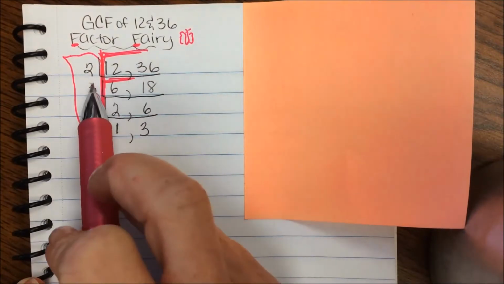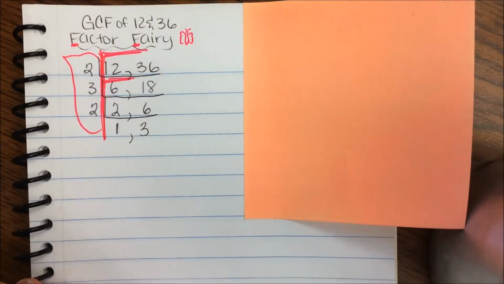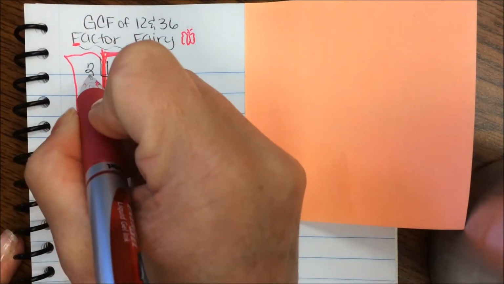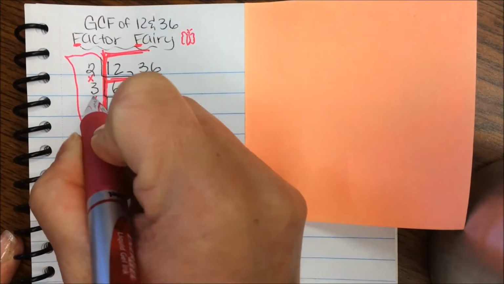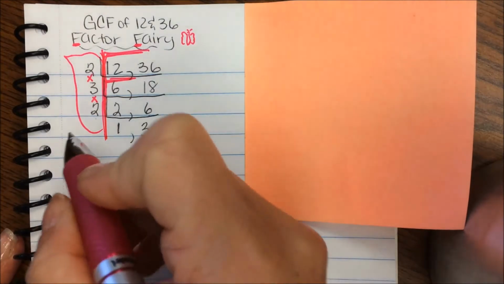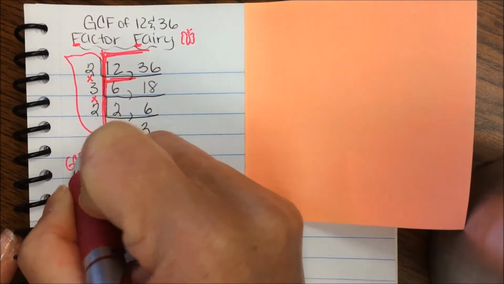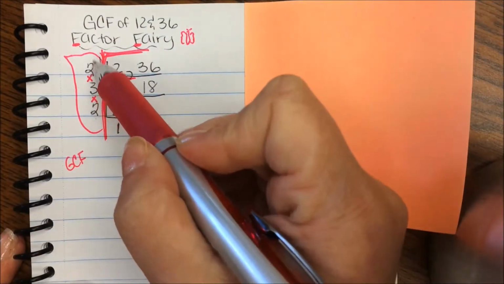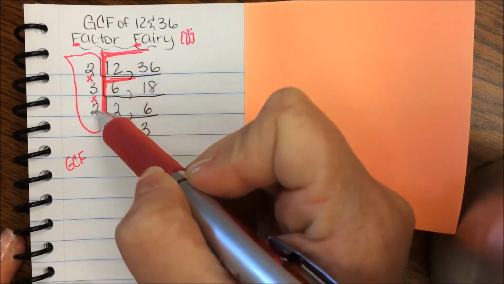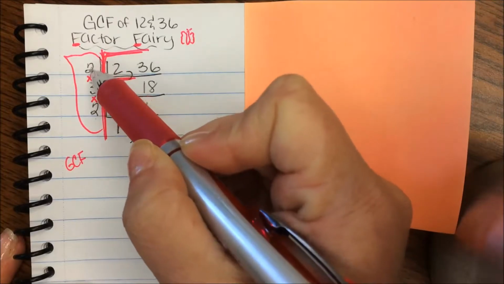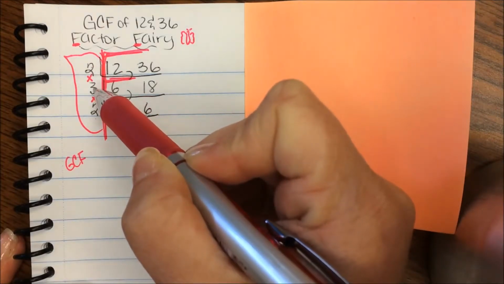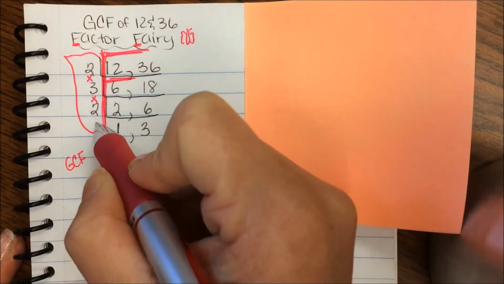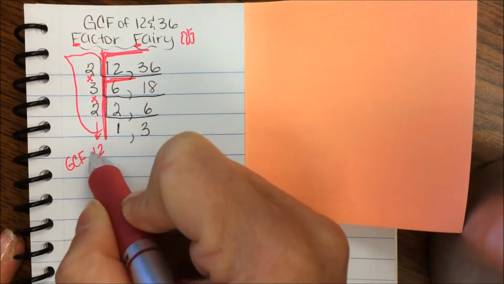Since I've used division to pull these factors out, in order to create the greatest common factor, I have to take all of those numbers and multiply them together to get my GCF, my greatest common factor. So the numbers in her wings are 2, 3, and 2. I multiply 2 times 3 and I get 6. 6 times 2 is going to give me my answer, which is 12.